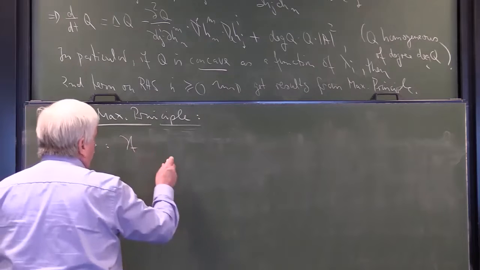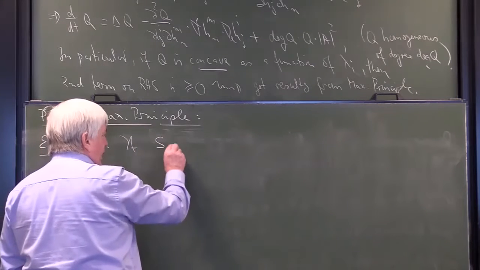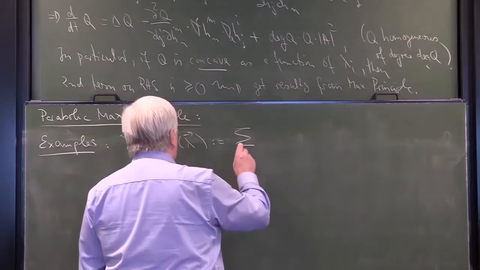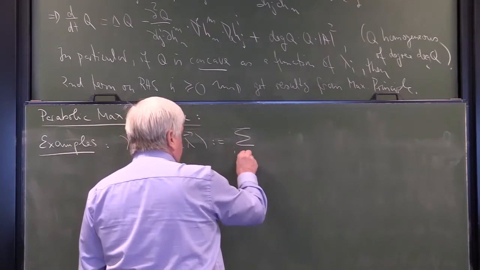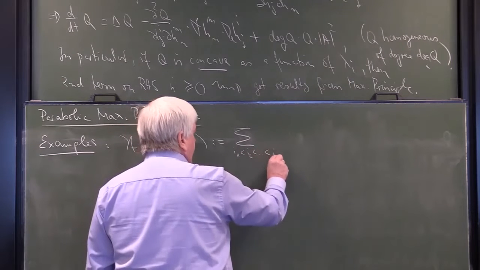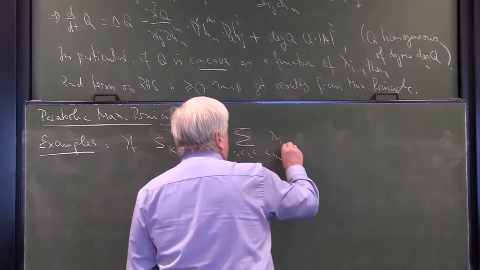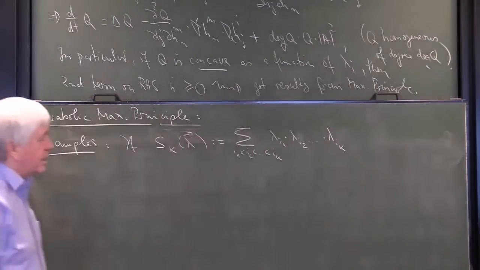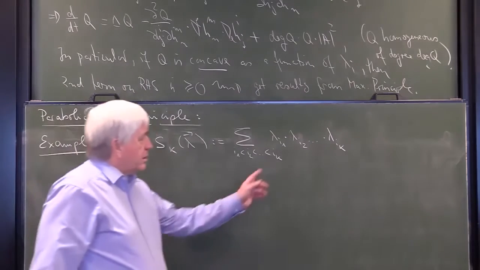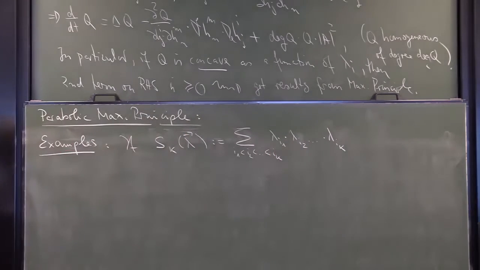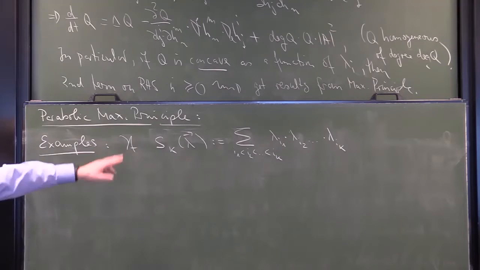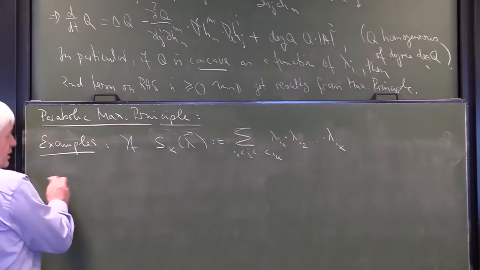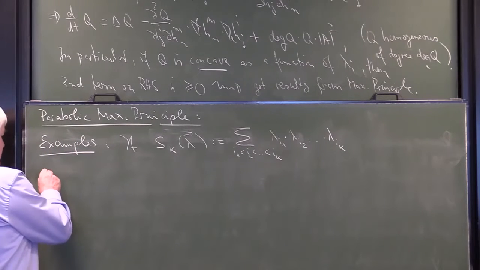If we set S_k of lambda to be the sum over i_1 < i_2 < ... < i_k of lambda_{i_1} times lambda_{i_2} all the way up to lambda_{i_k}, so the sum over all these terms of order k, then we get the homogeneous symmetric function, and it's not well known that the following is true.